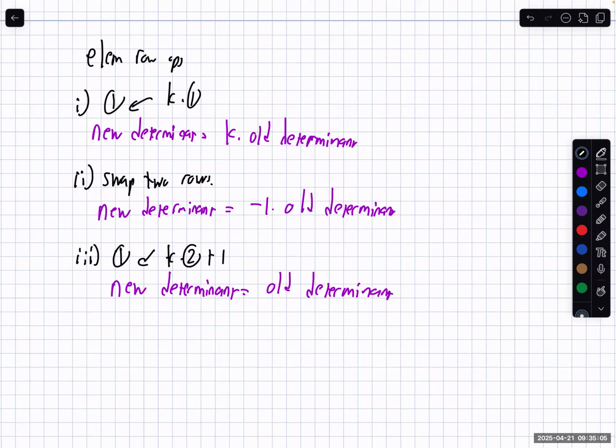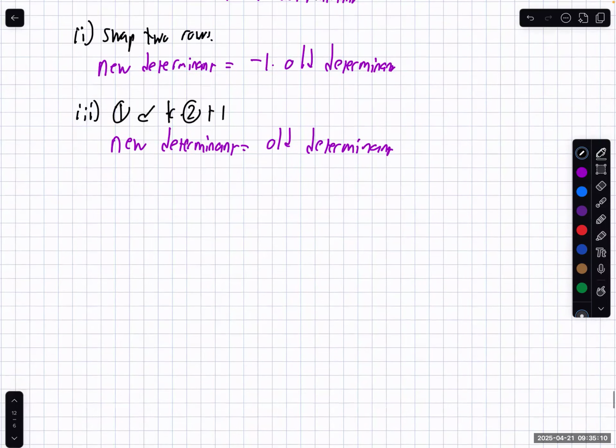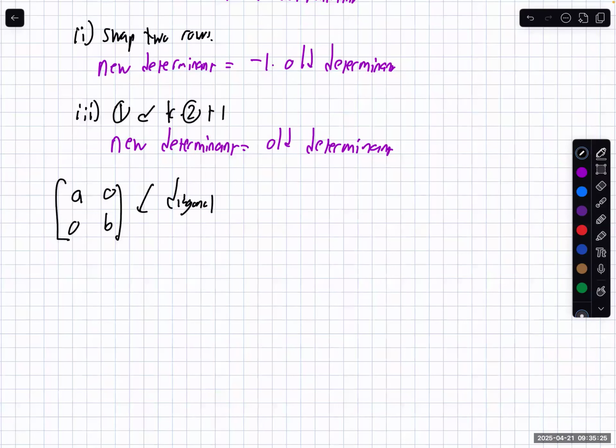Okay, and I'll do 2 examples to be clear from that. 2 more things. If I have a diagonal matrix, so hopefully you can see this.